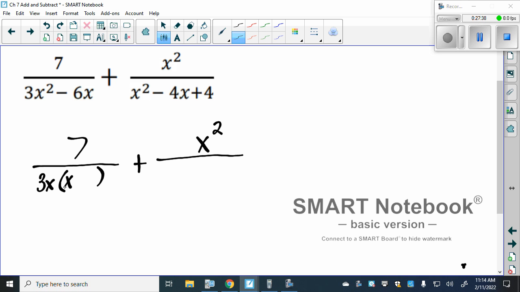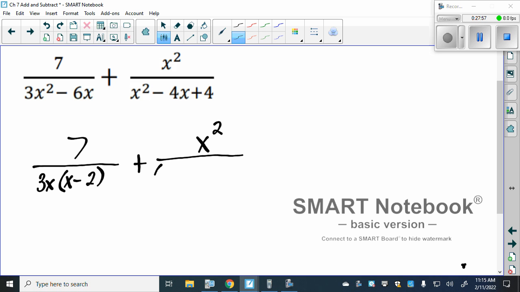X squared over x would leave us with x minus 2, because our 6 divided by 3 would be 2, and the x would simplify out completely. So for the first one, we have 3x times x minus 2.